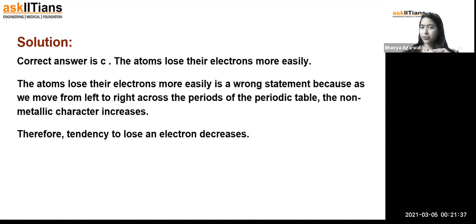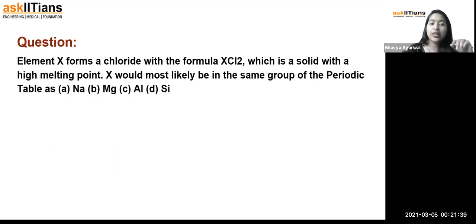Make sense? Yeah. So now let's move to the next question. The next question says, element X forms a chloride with the formula XCl2, which is a solid with a high melting point. First of all, it's a solid and the melting point is also high. X would most likely be in the same group of the periodic table as which element? So element X would belong to which group?